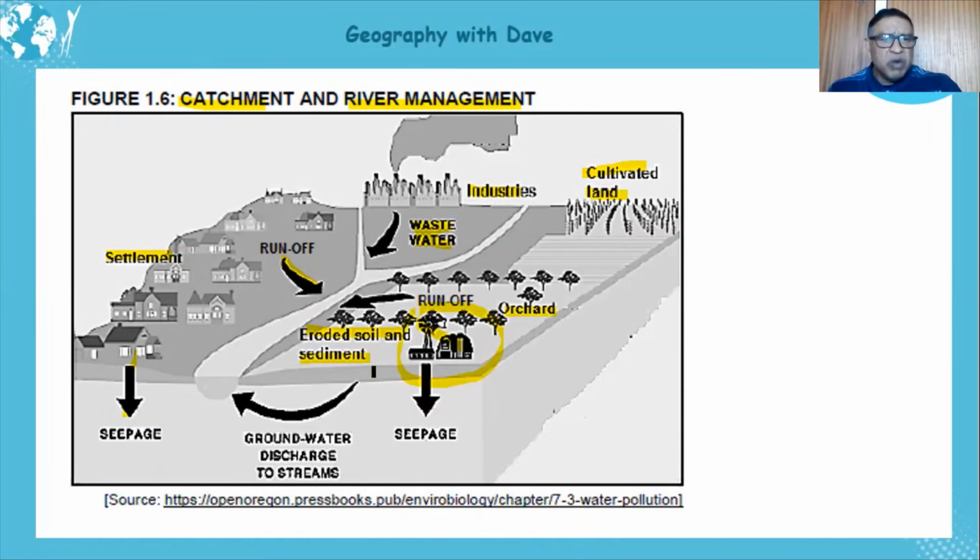Then we're talking about groundwater being discharged into streams. Okay, so as this thing is seeping in, maybe all this, even this waste, etc., is going into the ground, isn't it? So all this groundwater is being discharged into streams. There could be a possibility of pollution that's going into streams.